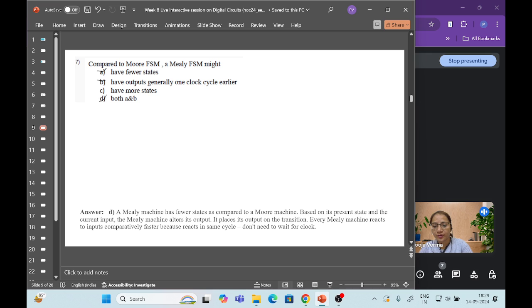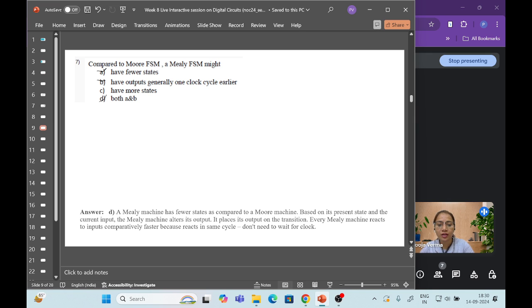Okay, so a Mealy machine has fewer states as compared to a Moore machine. Based on its present state and the current input, the Mealy machine alters its output. It places its output on a transition. Every Mealy machine reacts to the input comparatively faster than a Moore machine because they react in the same cycle.